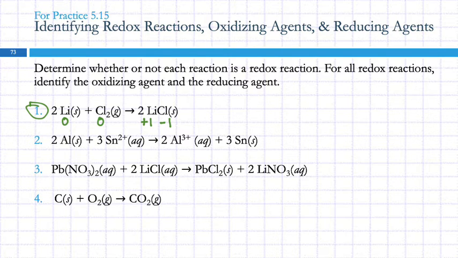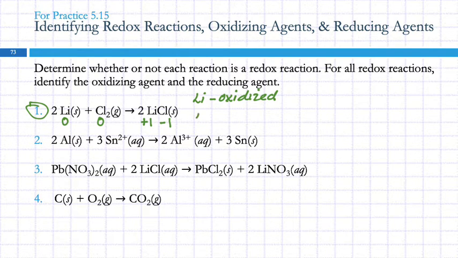Okay, so then we have to identify the agents. Well, let's just look at who's being oxidized and reduced first. Lithium is going from 0 to +1. Is that oxidation or reduction? That's oxidation. So lithium is being oxidized.